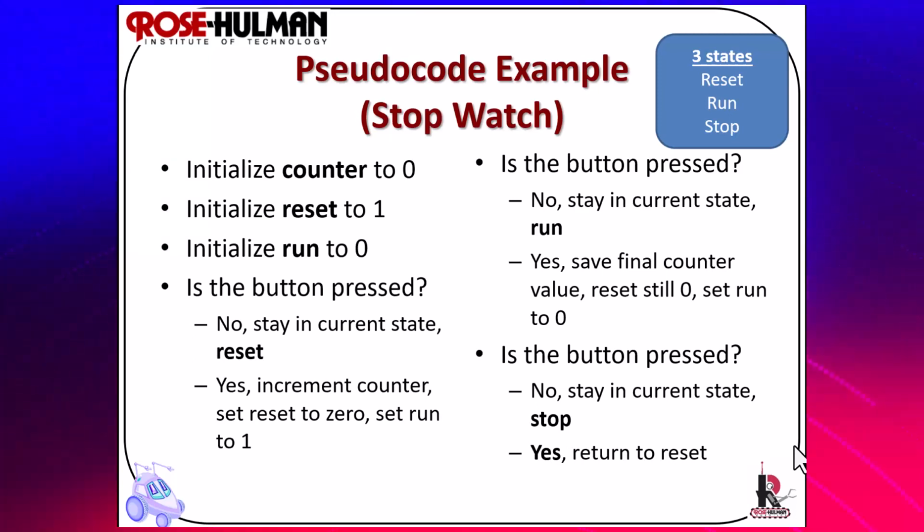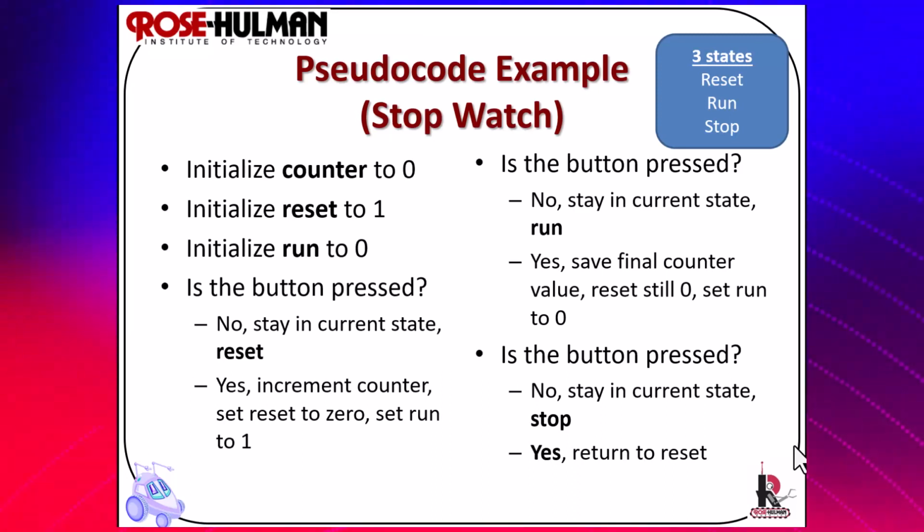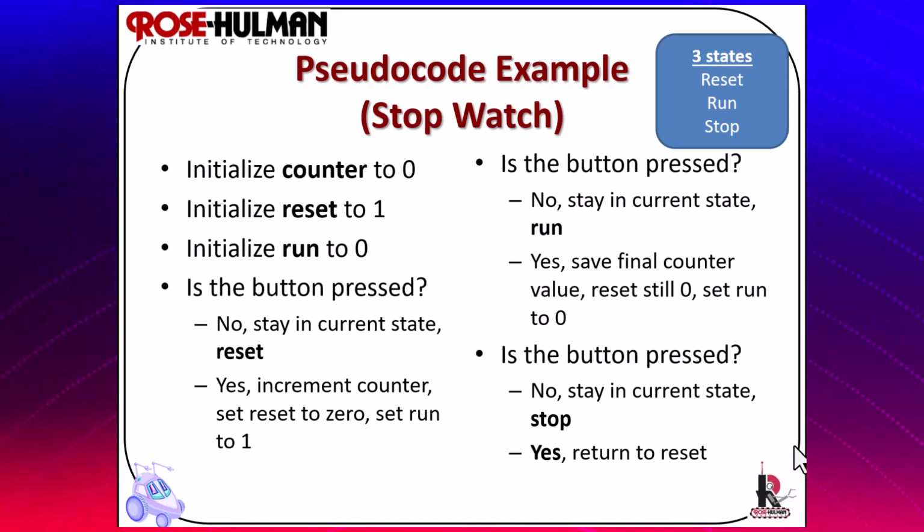It will continue to increment until the button is pressed. If it's pressed again, you save the final counter, reset still 0, run to 0. If it's not, you stay in the current state, run. And if you press the button a third time, then yes, return to reset. If no, you stay in the current state, which is stop. Notice there is no formal coding language here, but it gives you all the logic you need to write the code.